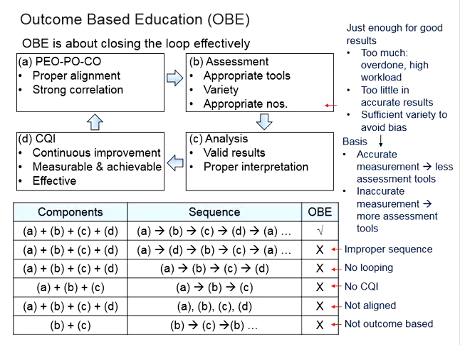Now, if you put too much effort into the measurements, you have so many measuring approaches, so many data, and you have overdone it, most of your workload will focus on doing the OBE to a state that you compromise the quality of the teaching and learning, and this defeats the purpose of outcome-based education.